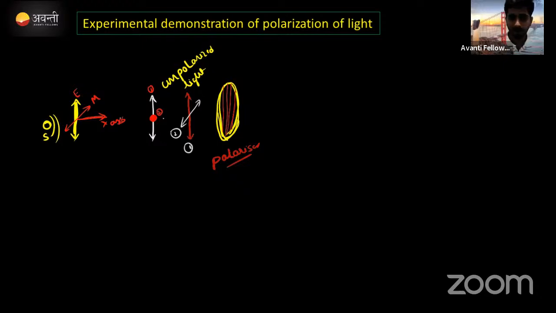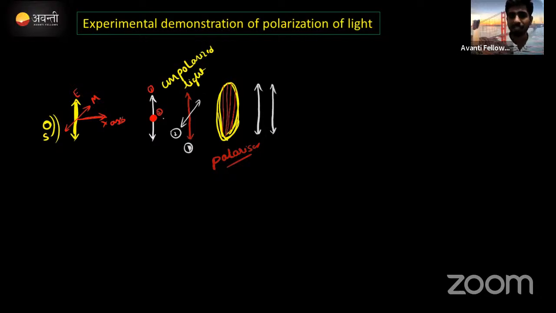Yes, good. Wave 1 will propagate because wave 1 is parallel to the slits present in the polarizer. That's why it moves easily, and further it will move like this. Only one type of signal is coming.